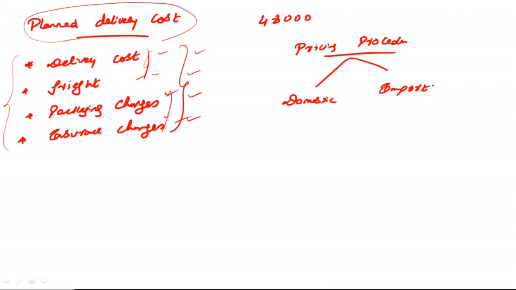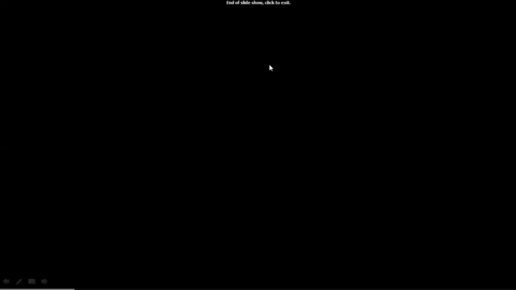When you're buying something from a vendor who is from outside India, these components will change. As of now, for domestic, we have these components. Like I mentioned, we have base price, discount, taxes, freight, loading charges, all those things. So let me write down for a second.